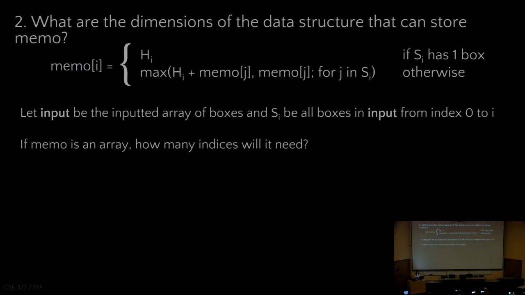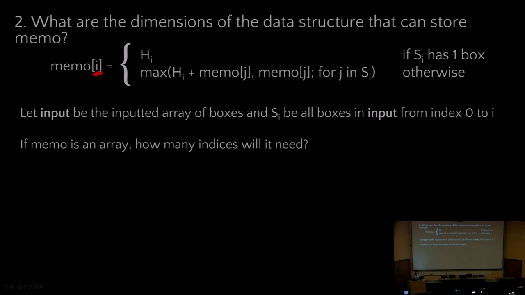Okay. And so now the next step is, we have defined sort of what goes into memo. Now we want to figure out what the dimensions of the data structure are that can store memo. And since memo only has one indexer, it means it's only going to be a one-dimensional array. And now we just need to figure out how large that array is going to be. And in order to do that, we think about what this index represents.